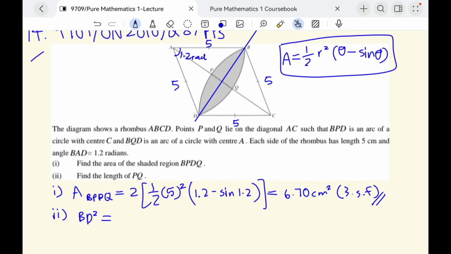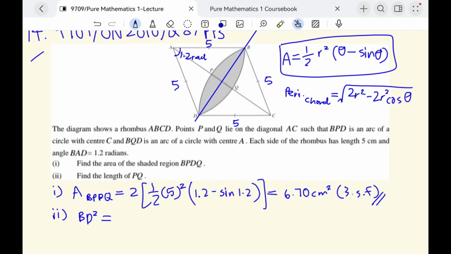Generally, to find the length of a chord, the length of the chord is the square root of 2r squared minus 2r squared cosine of the angle theta.